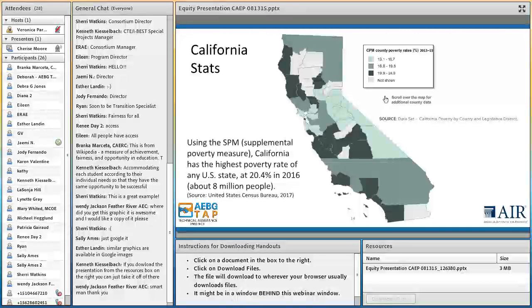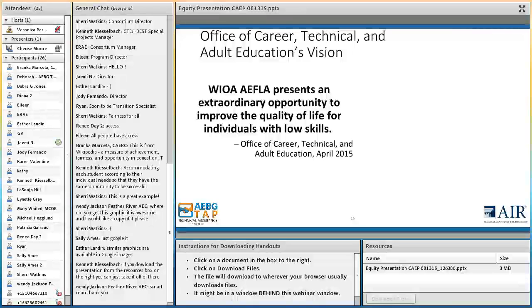California has the highest poverty rate of any state in the country at 20.4%. 8 million people. 8 million of our potential students, or their families, or their children. So this is a why. This is why we do what we do.